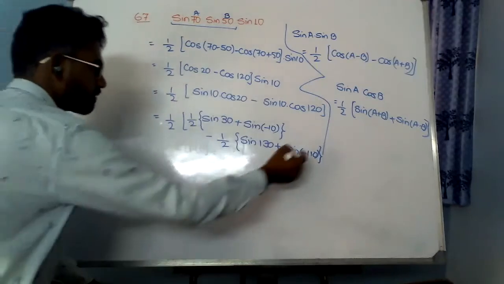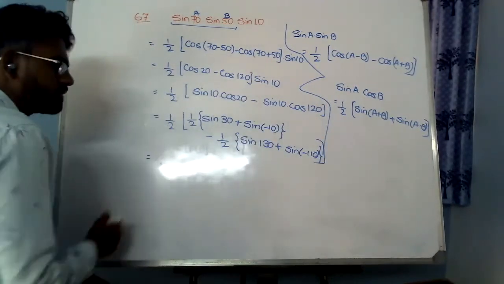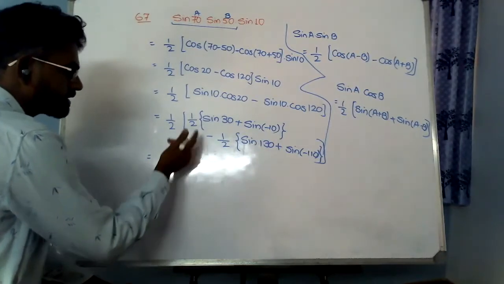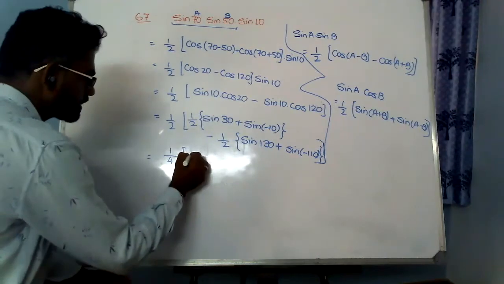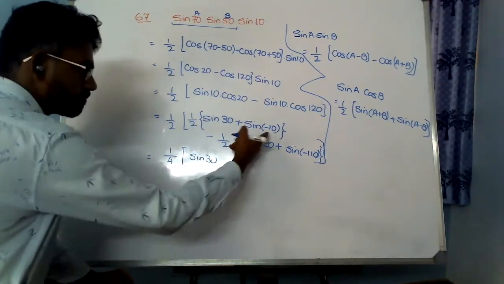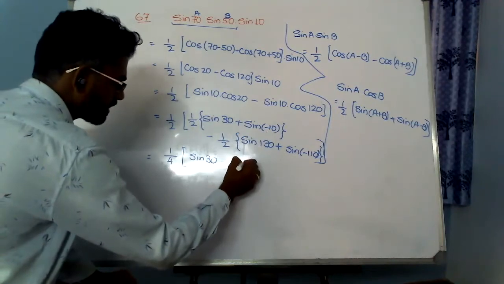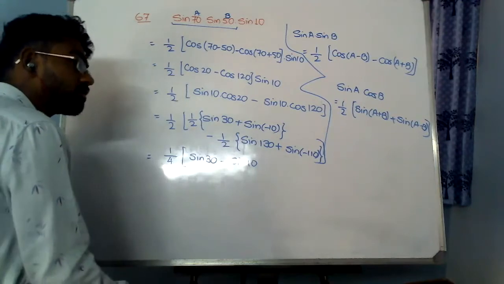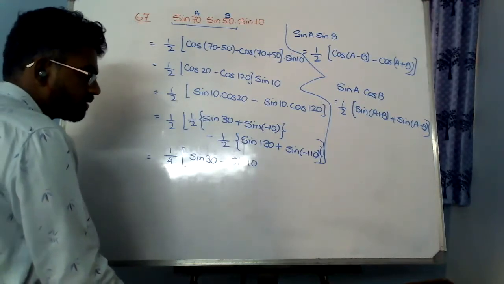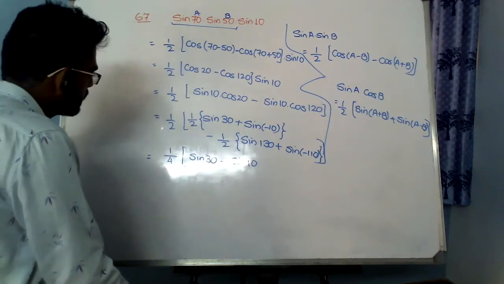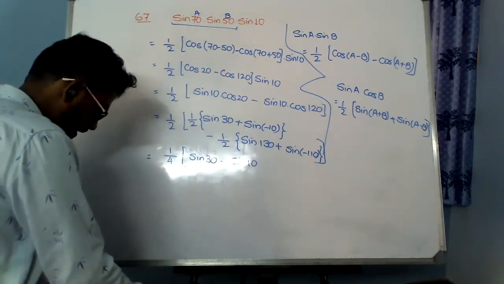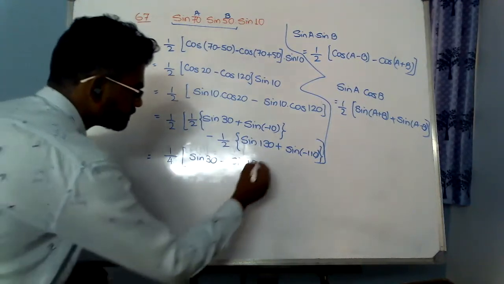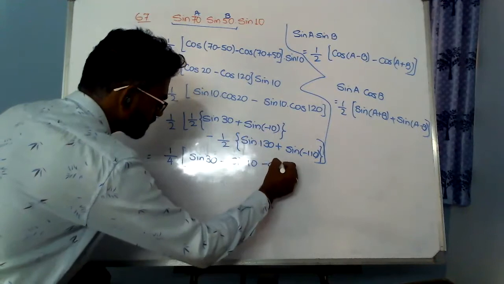Done. Once we reach here, we'll open all the brackets. 1 by 2 will be multiplied, so it will be 1 by 4, or I can take this 1 by 2 out as common. So I get sine 30. Sine minus theta is minus sine theta, so minus sine 10. The minus here will multiply with sine 130. Sine 130 is like sine 90 plus theta, which is cos theta, so sine 130 is cos 40, wait, in this case minus cos 50, so I'll write minus cos 70.